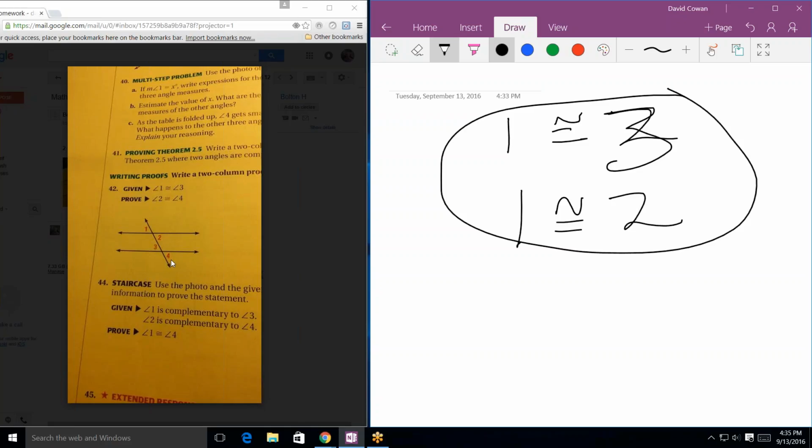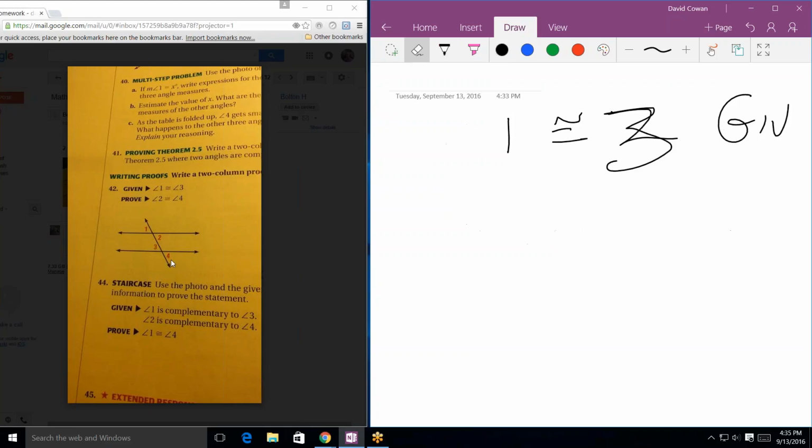Let me read the transitive property. If A is equal to B and B is equal to C, then A is equal to C. Is that what we did here? Not really. We said 1 was equal to 3 was given. And then the next step we said was that 1 was equal to 2 because of vertical angles.